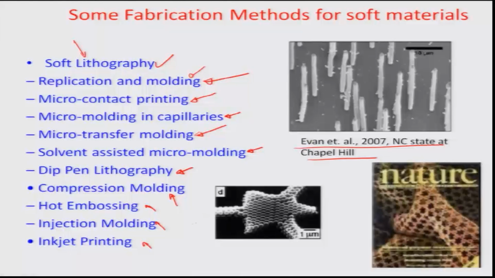There is a very interesting example of what can be done with high aspect ratio structures of polymers. These are small cilia-like structures, probably several tens of microns tall and less than a micron, in the submicron range, in diameter. They are a composite between a polymer and some magnetic material, and you can actually turn and twist these cilia based on an external magnetic field, by virtue of the inclusions in this polymer phase.